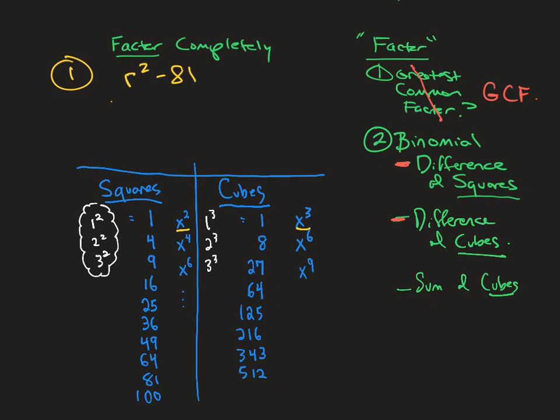And in this case, we've got r squared, which makes it a square. 81, also on the list here, is a square. So this is the difference of squares. And difference of squares, the formula for that, let me erase some of this. So I'll erase these two for now.